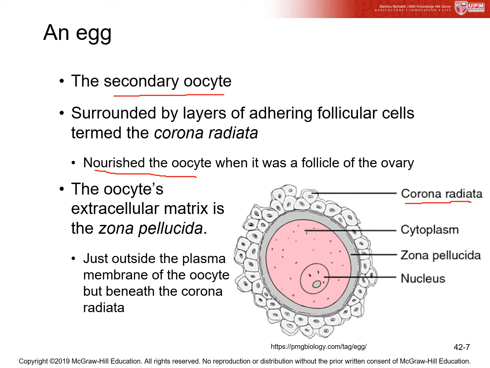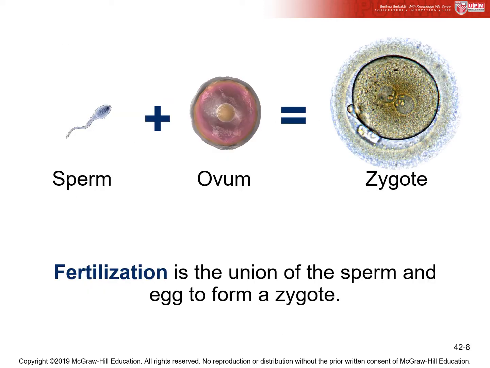Once the sperm cells are able to penetrate the corona radiata, they will face the second layer, which we call the zona pellucida. Next is the cytoplasm, and the last structure here is the nucleus.